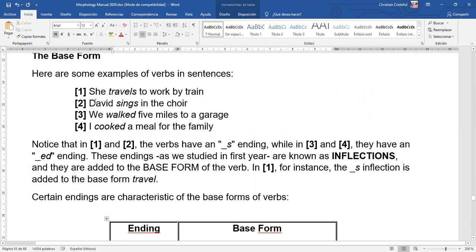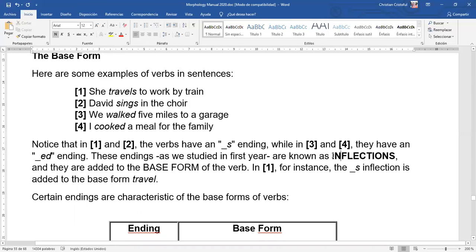Notice that in number 1, she travels, and in number 2, David sings, the verbs have an S ending, while in number 3, we walked, and number 4, I cooked, they have an ed ending. These endings, as we studied in first year, are known as inflections. And they are added to the base form of the verb, the root of the verb.